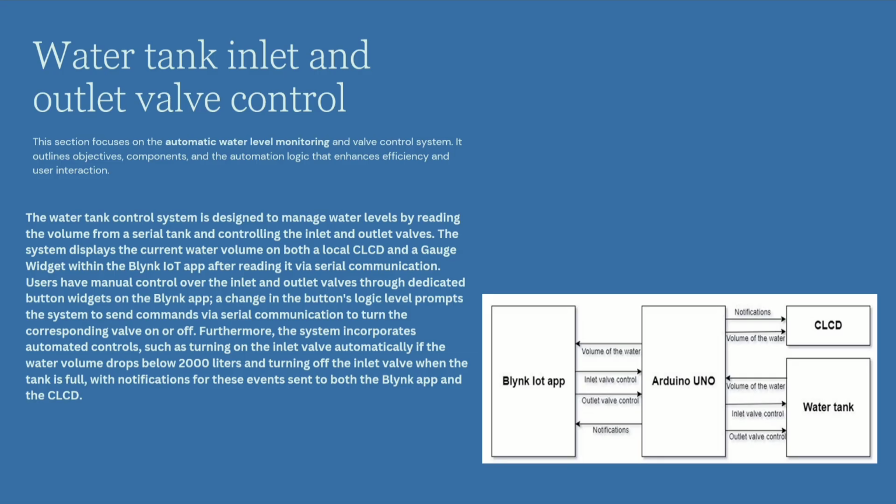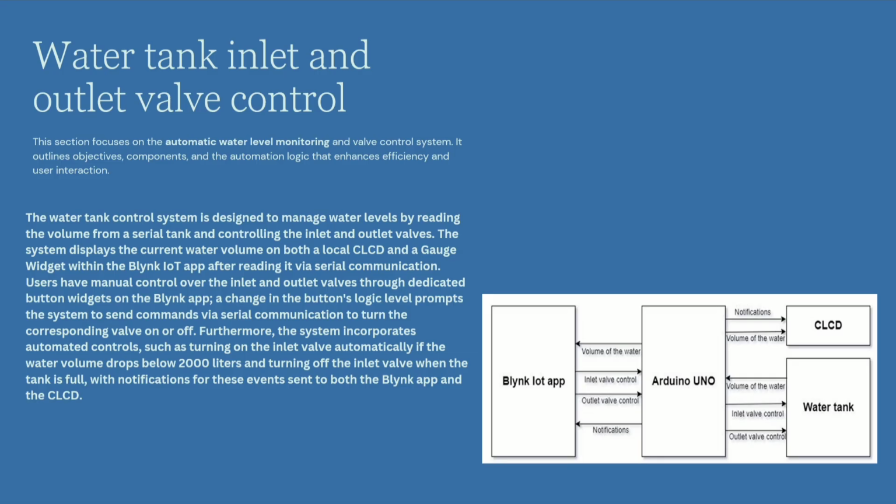For the future, the system incorporates automatic controls, such as turning the inlet valve on automatically if the water volume drops to 1500 liters. The inlet needs to turn on, otherwise it needs to close. When the tank is full, a notification is automatically sent to both the Blynk app and the LCD.